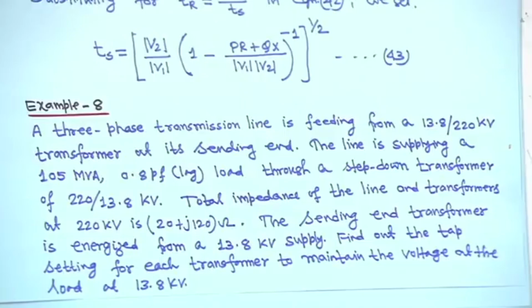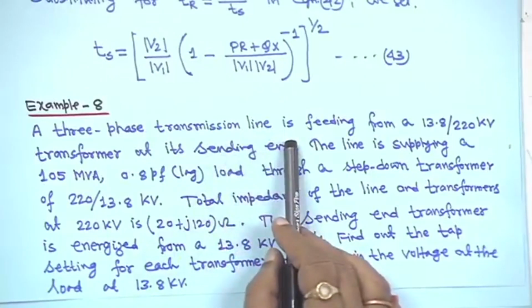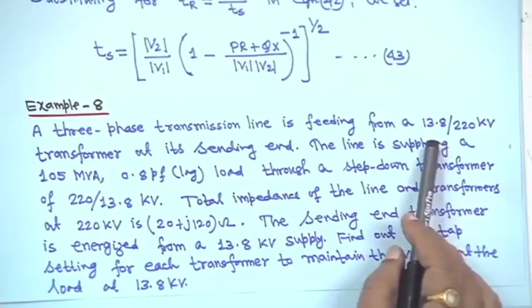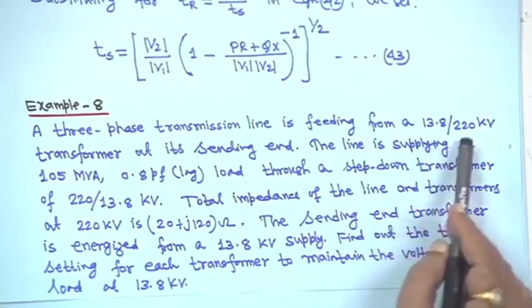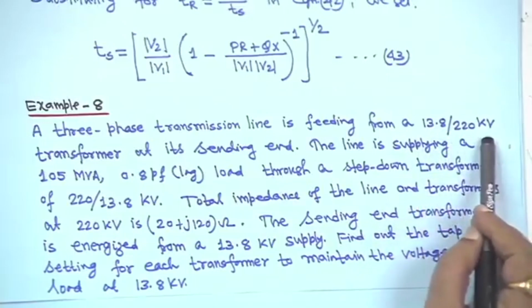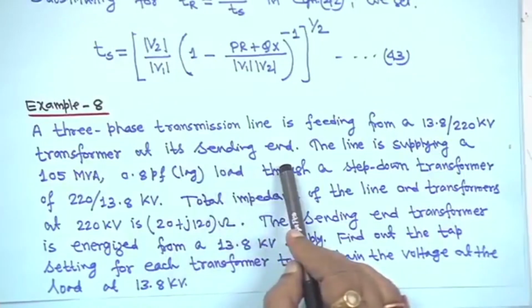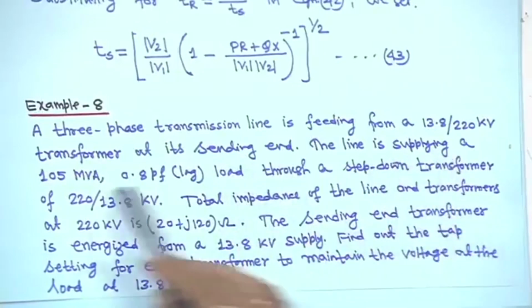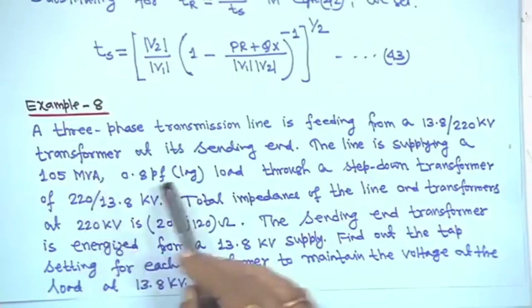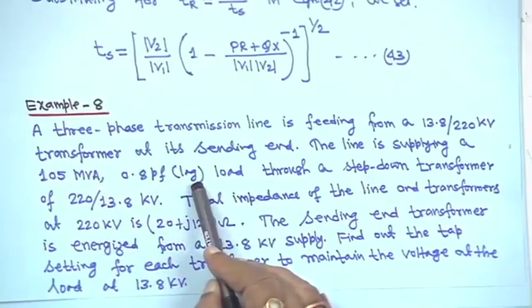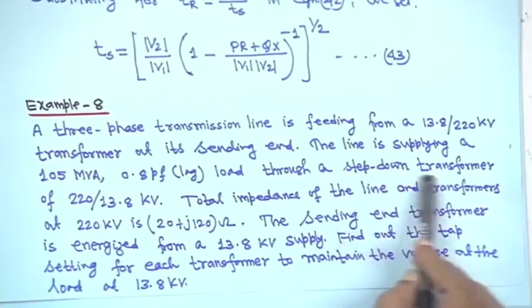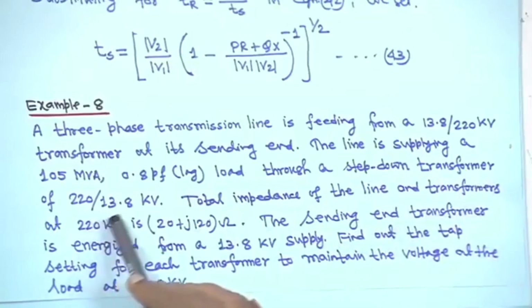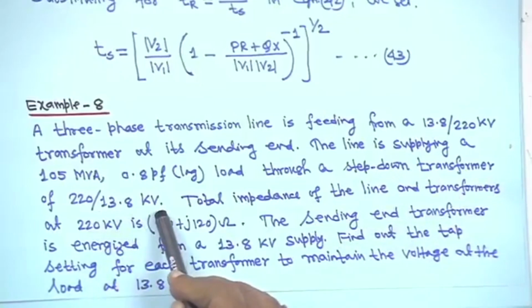Now, take one example. A 3-phase transmission line is fed from a 13.8 slash 220 kV transformer at its sending end. The line is supplying a 105 MVA 0.8 power factor lagging load through a step down transformer of 220 by 13.8 kV.